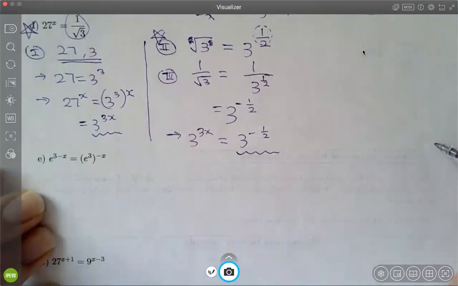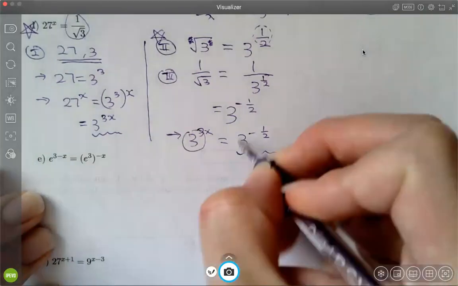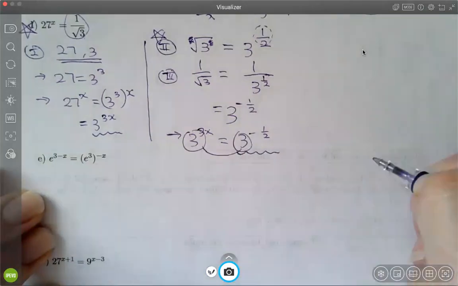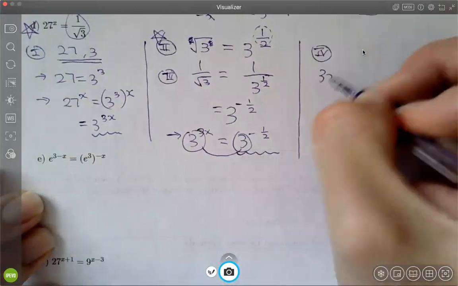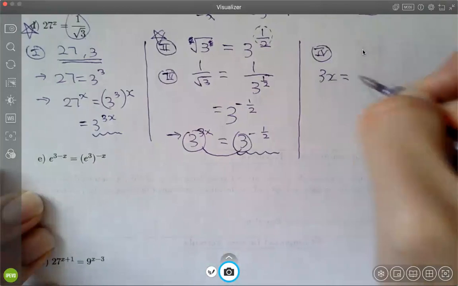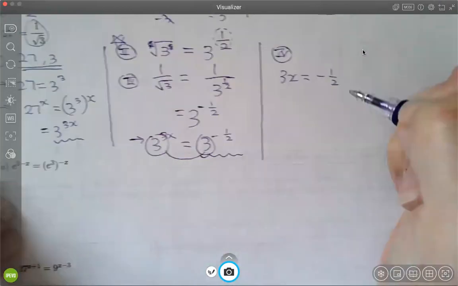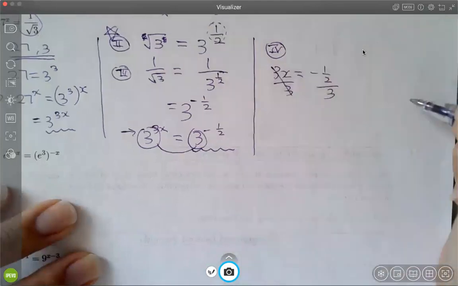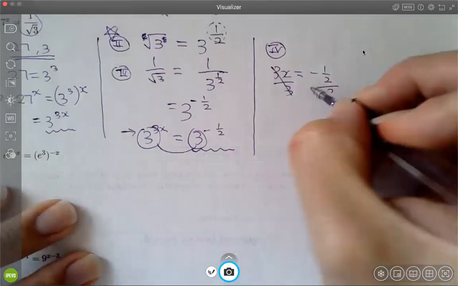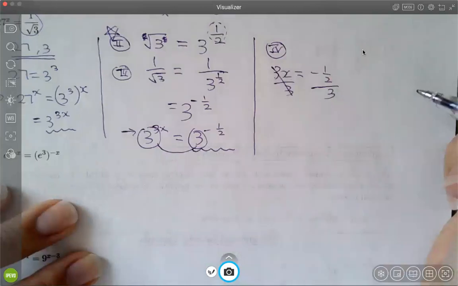Okay, so now we have the same bases. So that means the exponents are the same. So 3x is equal to negative 1/2. Okay, so divide by 3. Okay, so now we have negative 1/2 all over 3.